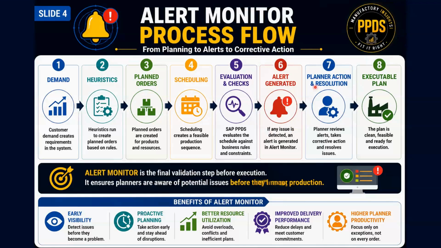Based on these alerts, the planner needs to take action, and if any corrective action is required, the planner needs to resolve those issues. After doing this corrective action, the plan will be an executable plan, and now the plan is ready to execute.